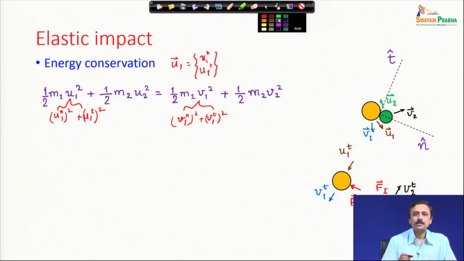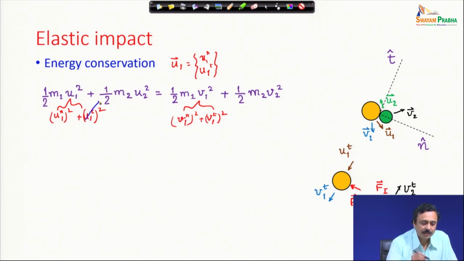Now, because the tangential velocity components of particle 1 incoming and outgoing are the same, which means the incoming tangential component of particle 1 is the outgoing tangential velocity component of particle 1, they are same. So, they will cancel from both sides.